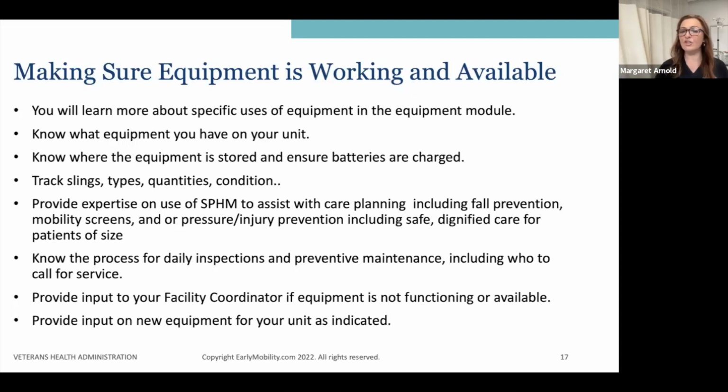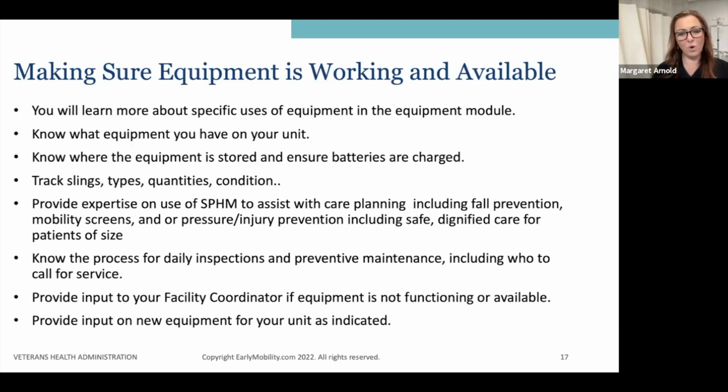Provide expertise on use of safe patient handling mobility to assist with care planning, including fall prevention, mobility screens, pressure injury prevention, and including safe, dignified care for patients of size.